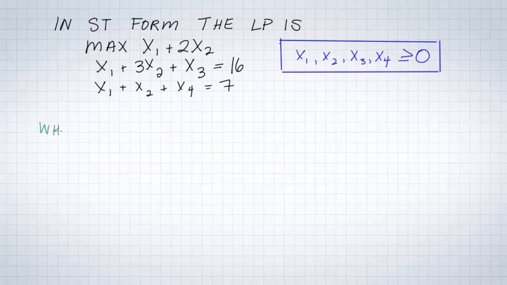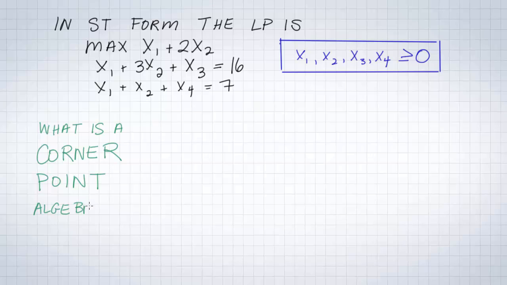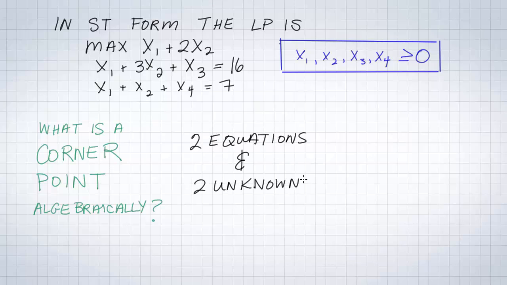So let's see what a corner point is algebraically. We know that we have two equations, and equations typically solve if you have the same number of variables, like two equations and two unknowns, you can easily solve. If you have 320 equations and 320 variables, you can solve.